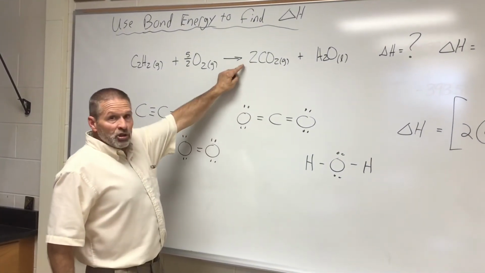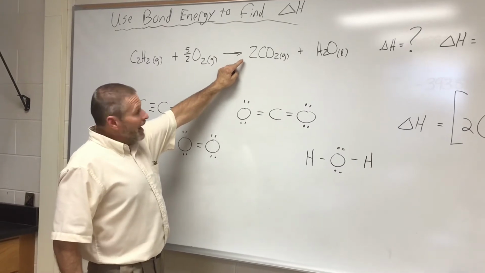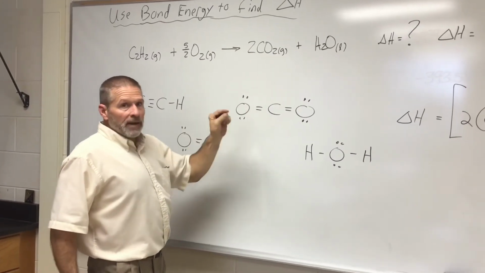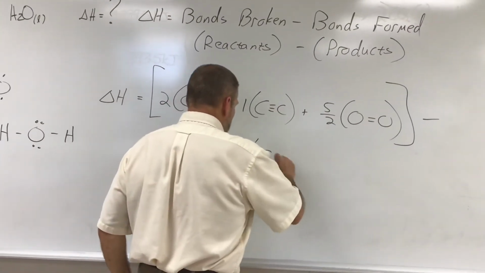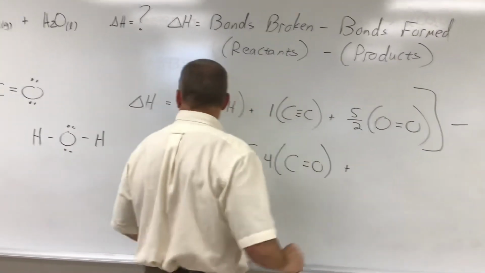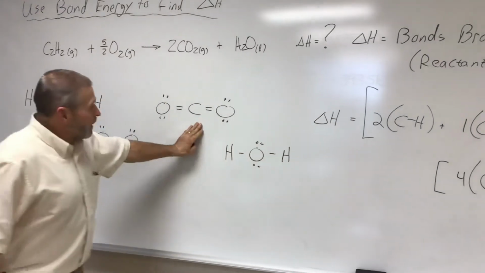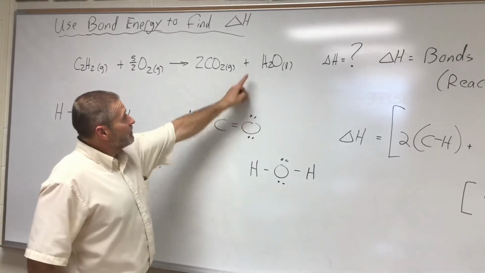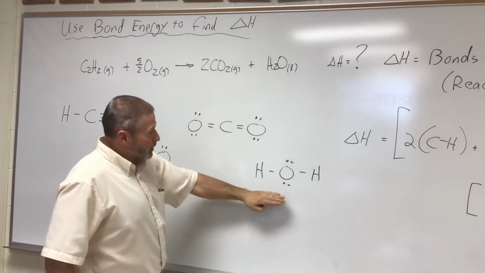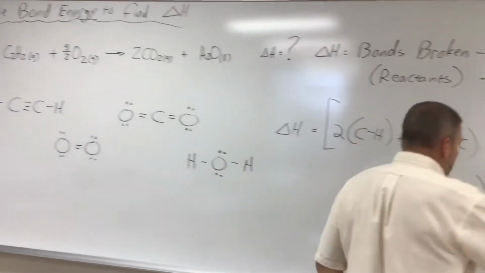But remember there's a 2 up here, so really we're going to have 4 carbon to oxygen double bonds. And then we'll have to make 2 oxygen to hydrogen bonds. And there's only a 1 coefficient up here, so that's my total count.